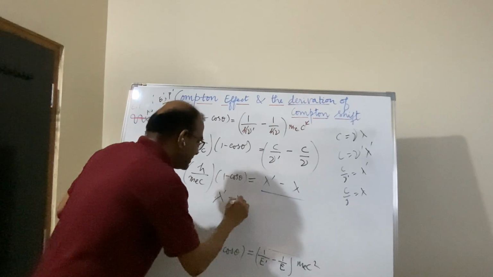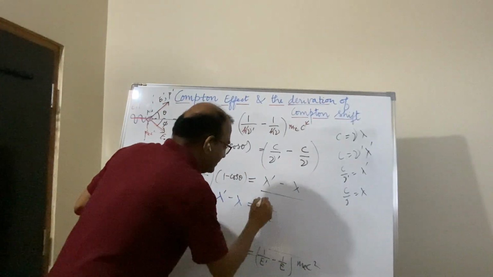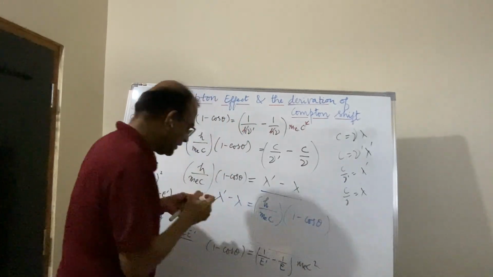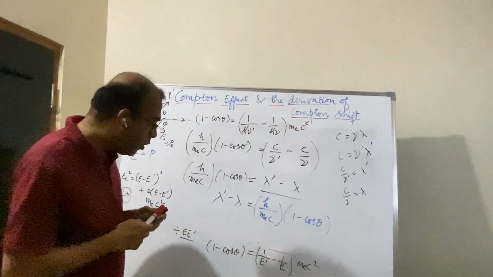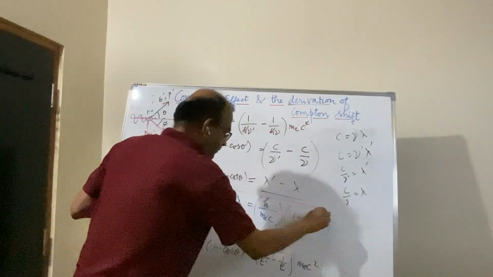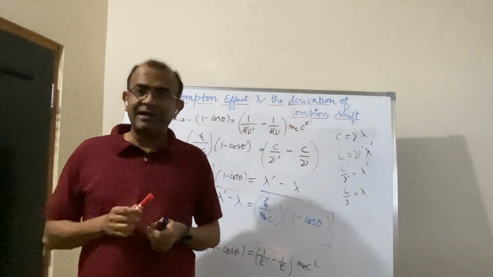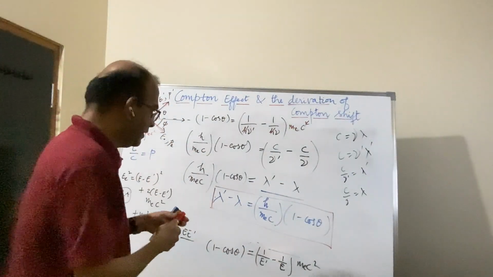Lambda prime minus lambda is equal to h over m_e c times 1 minus cos theta. This is the final expression that gives us the Compton shift of the scattered photon.